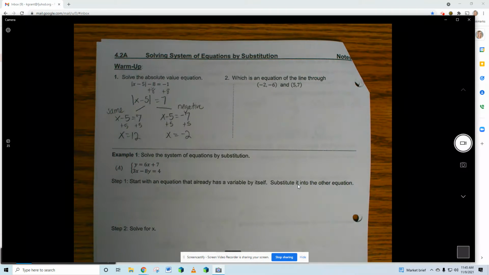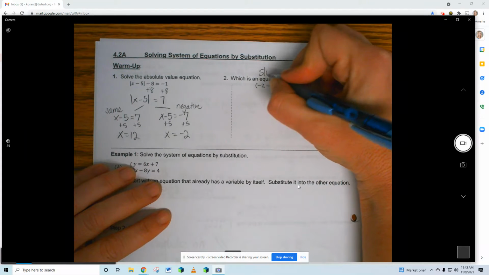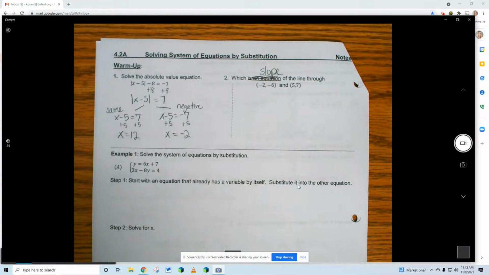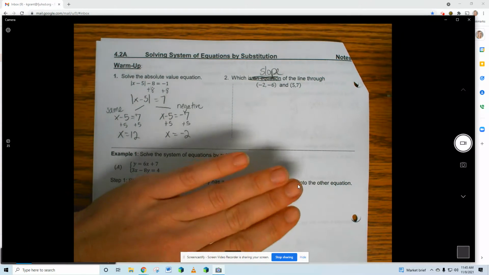And let's just find the slope. What is the slope? Let's just practice finding the slope. Go ahead and do that one on your own.